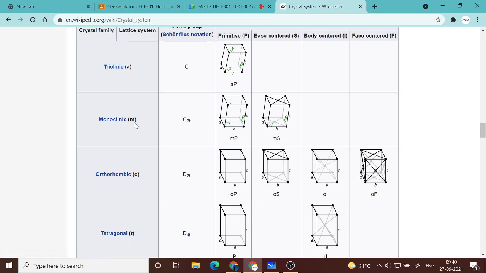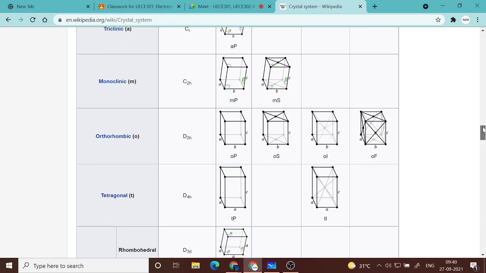So in triclinic, all 6 parameters are different. In monoclinic, two angles are restricted to 90 degrees, and only one angle is allowed to be different from 90, and the lengths A, B, C are different. So that will give you monoclinic.